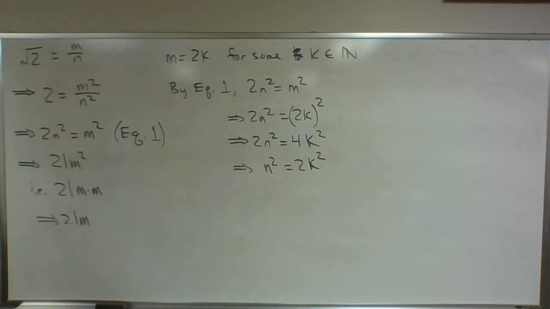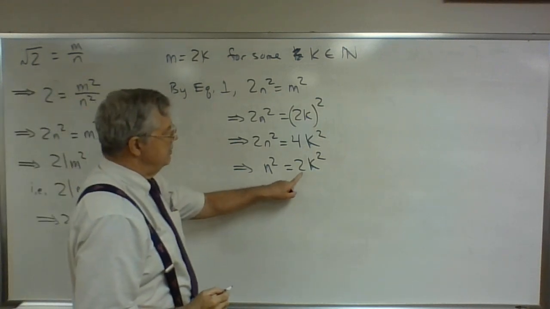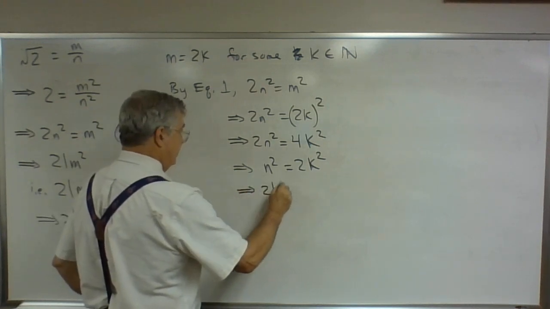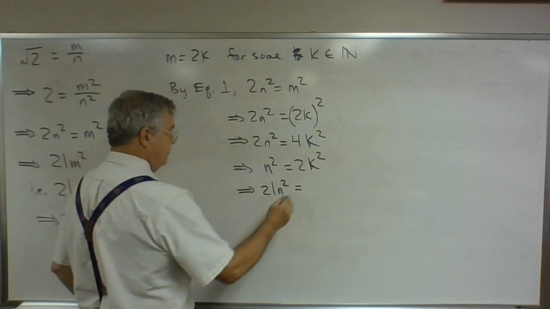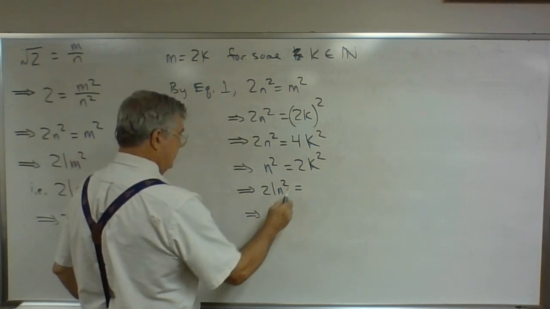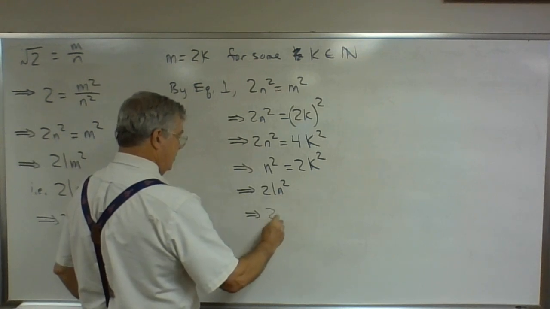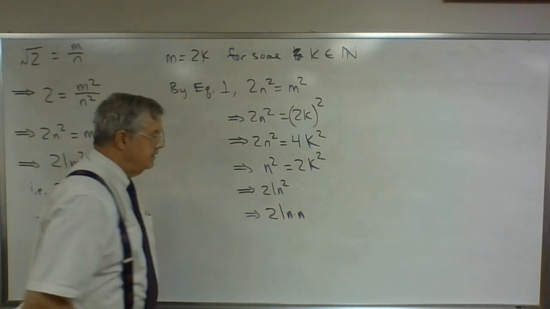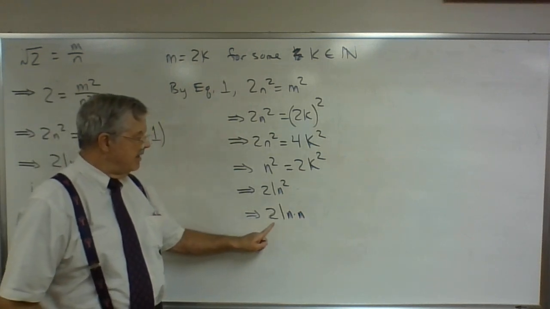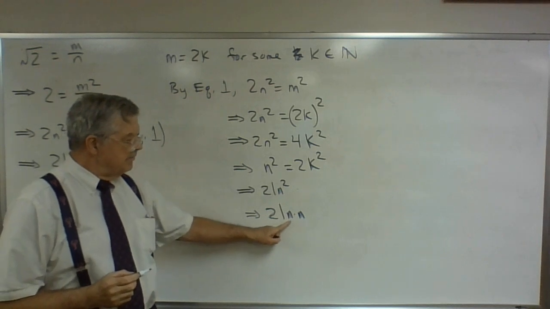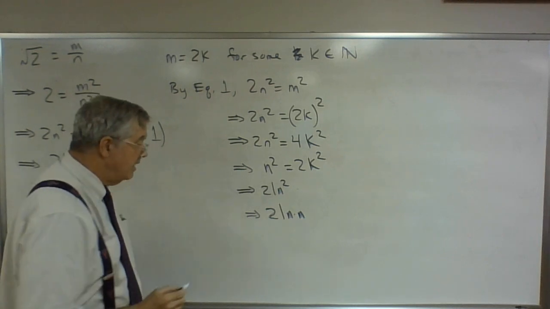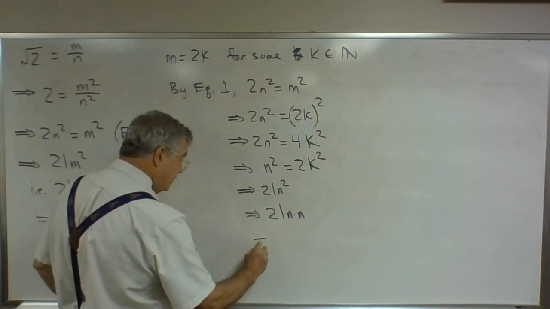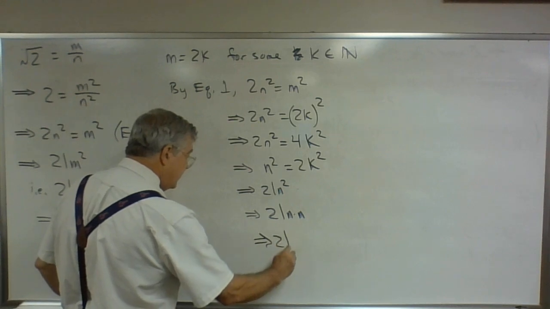And oh, what do you know? 2 divides n squared. Which means 2 divides n times n. We have a prime number 2 dividing n times n. This prime number has to divide one of these two factors. So that means 2 divides n.